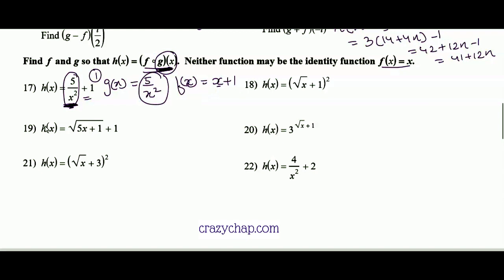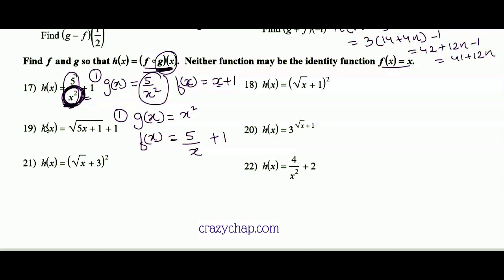Okay, we could have other answers also. I will show it to you for the same question. We can have another set of answers where I suppose g(x) as just x square. Then what will be f(x)? For f(x) I will say 5 divided by what we supposed as g(x), so 5 over x, and plus 1 separately.